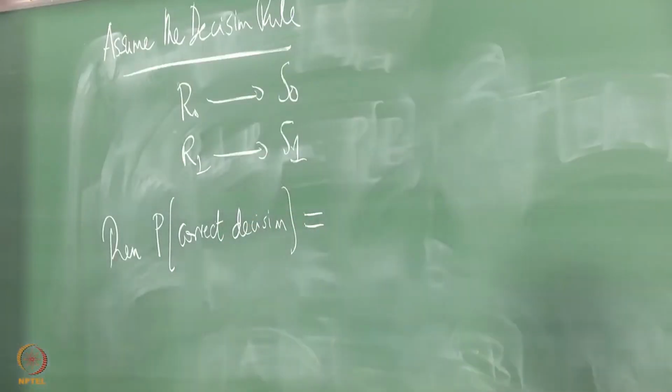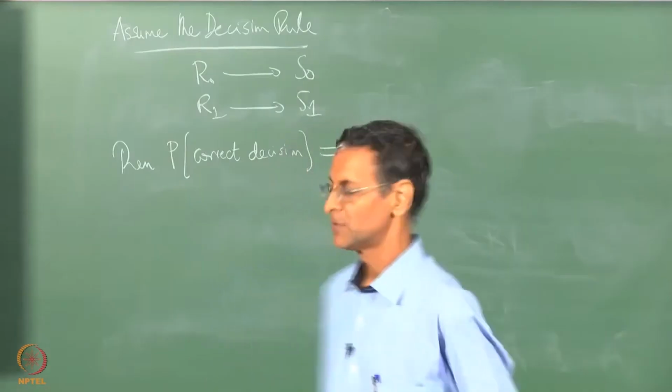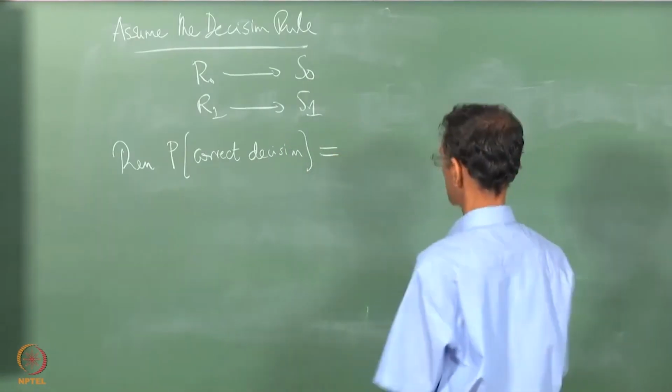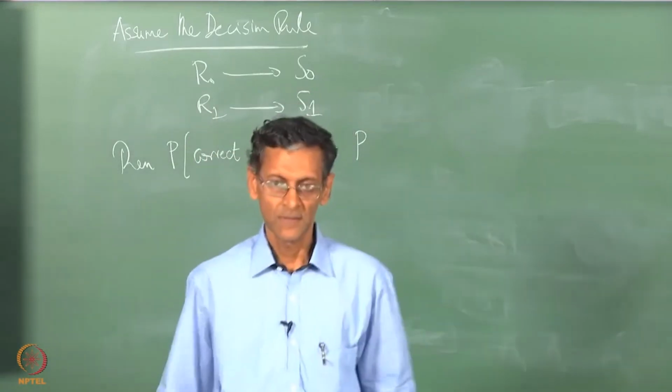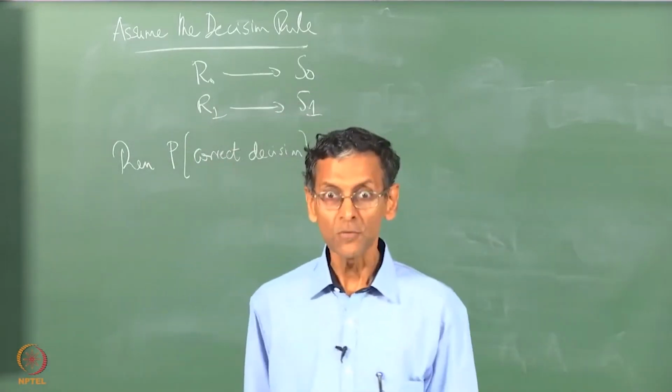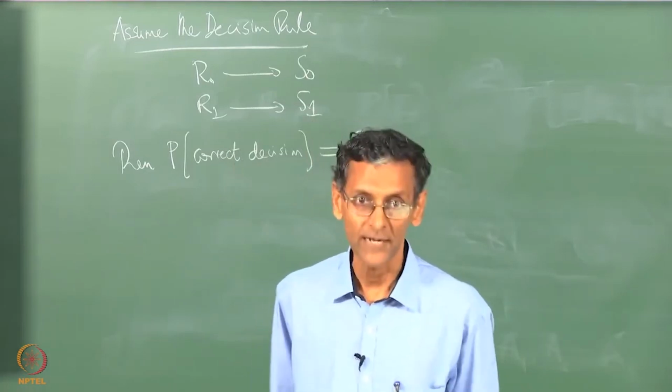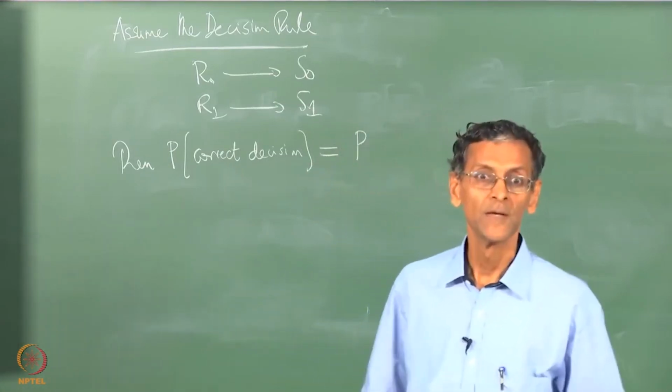I am going to abbreviate correct decision later on using CD. Again we will use conditional probability to write out this probability of correct decision. You can condition on S naught or S1. So this is an event.